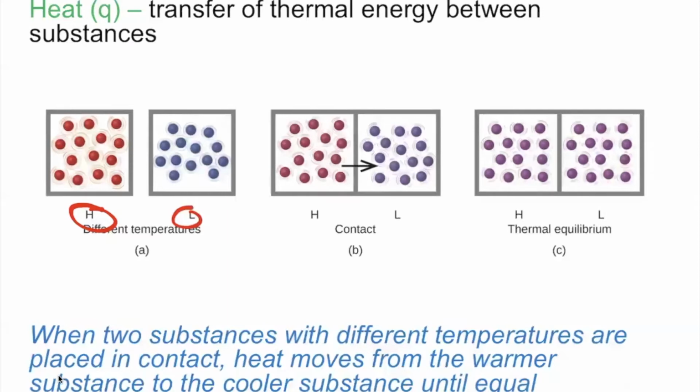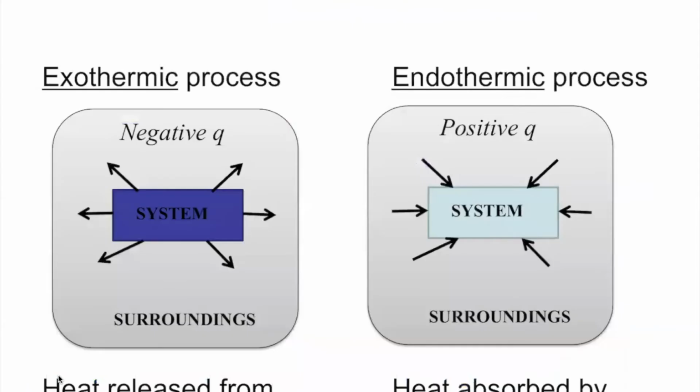So just to recap, and then we're going to use other terms to add to this. We're going to use the words exothermic and endothermic. An exothermic process is a process in which heat is lost, such as combustion of gasoline.